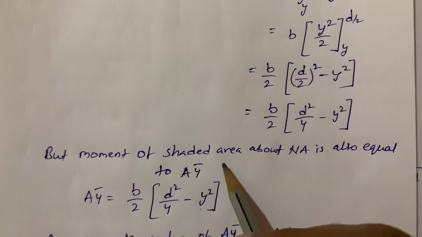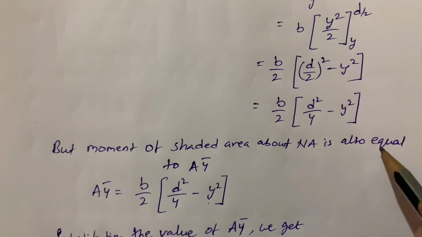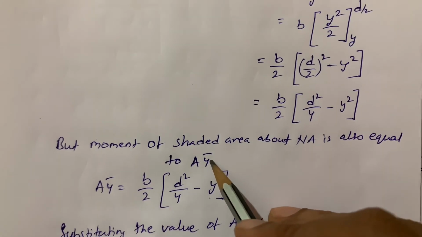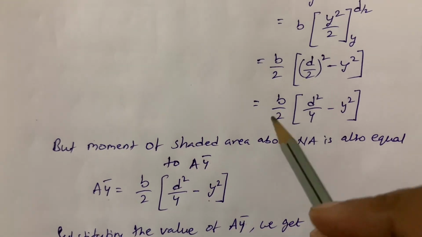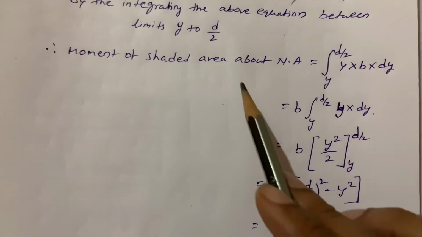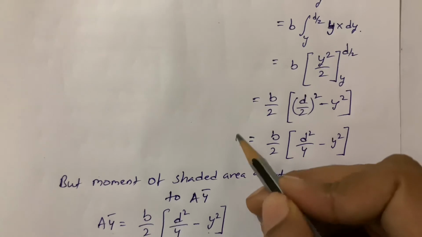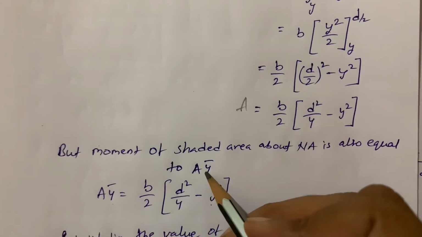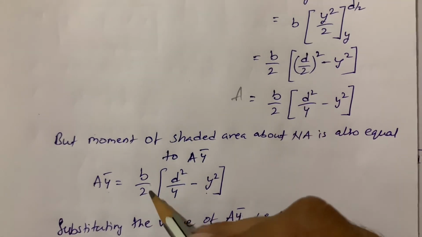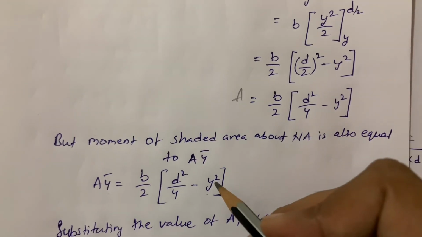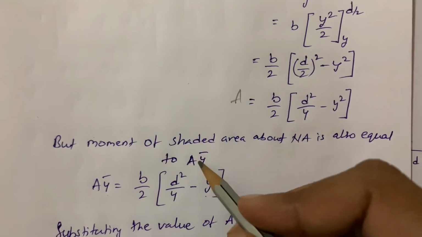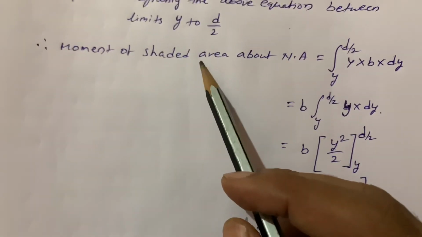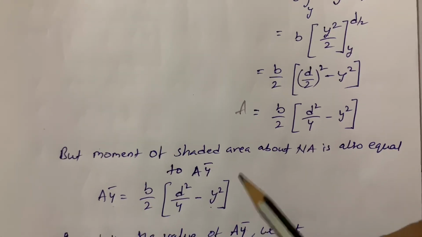The moment of the shaded area about the neutral axis equals A into y bar, so A y bar equals b by 2 into d square by 4 minus y square.